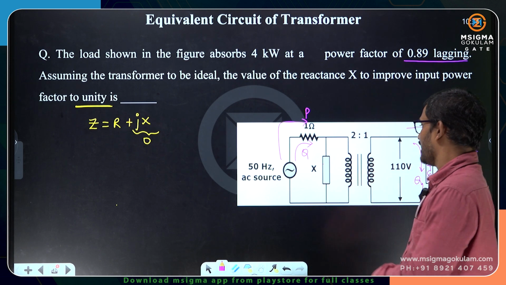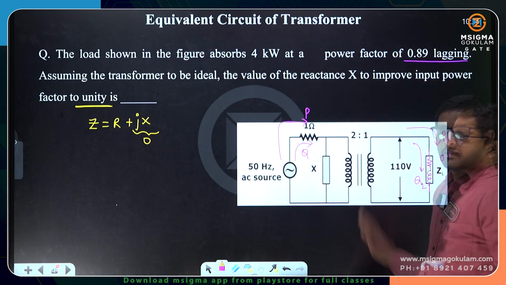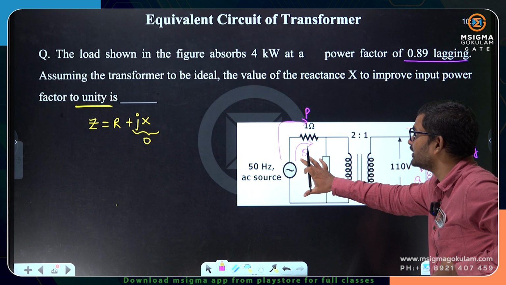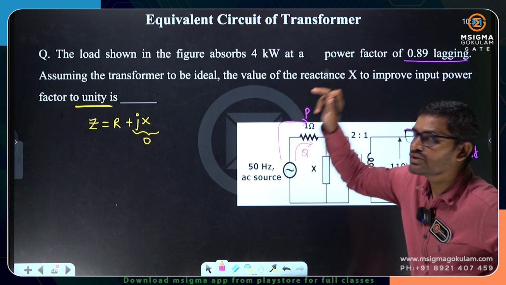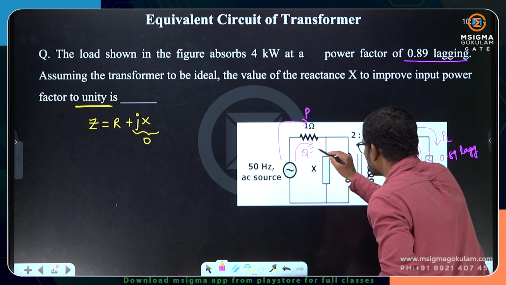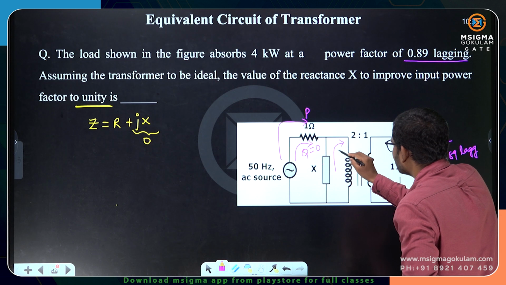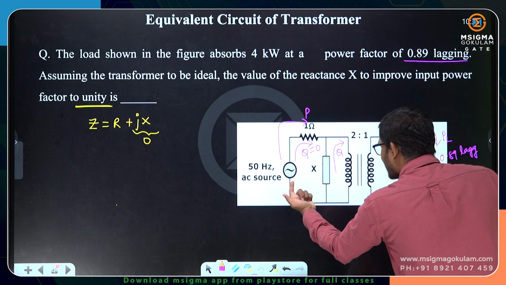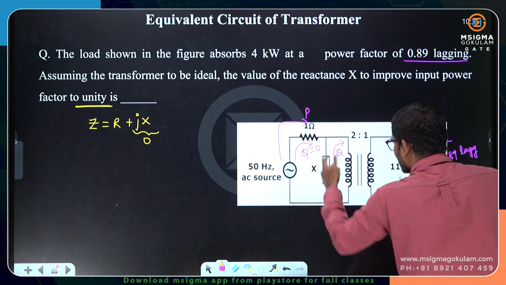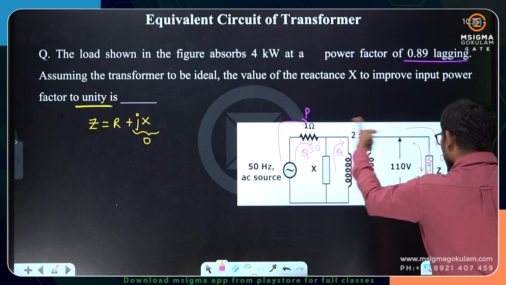Now he is saying that whenever the source is delivering active and reactive power, the power factor is 0.89. But I wanted to make the power factor unity. How is it possible? It is possible if you can make the Q from the source 0 and deliver the Q demanded by the load from the reactance. Make the Q delivered by the source 0 and deliver the Q demanded by the load.